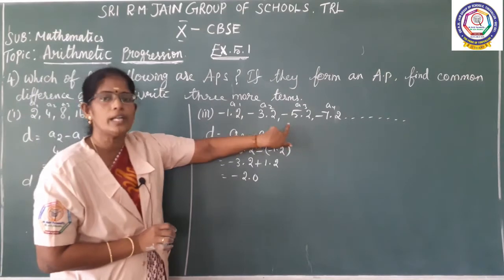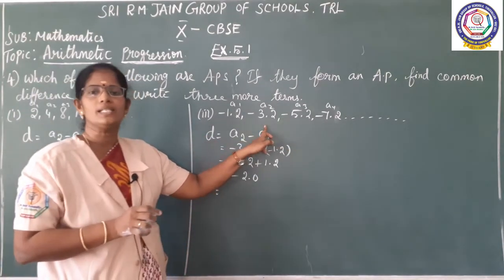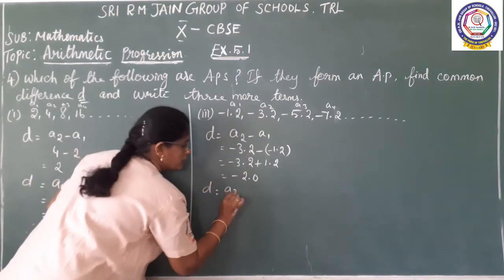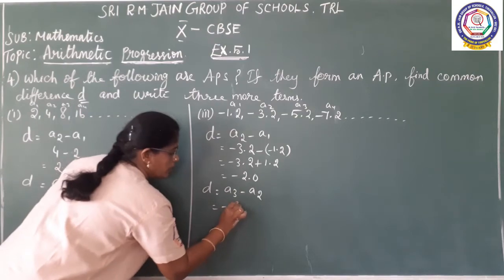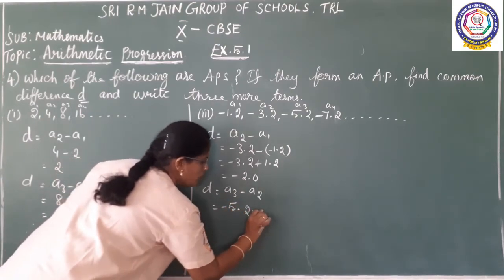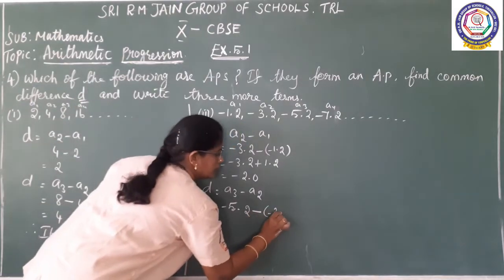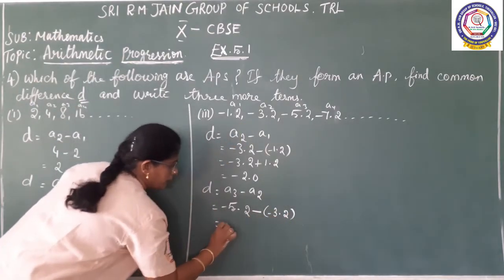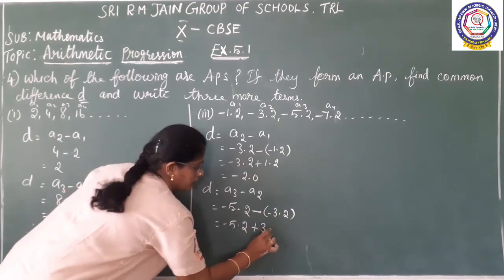Next we have to find the next common difference. D is equal to third term minus second term. So that is A3 minus A2. What is A3 given? Minus 5.2 minus of minus 3.2. Then minus 5.2, minus of minus, plus 3.2.